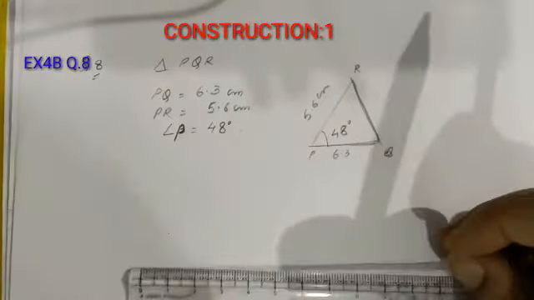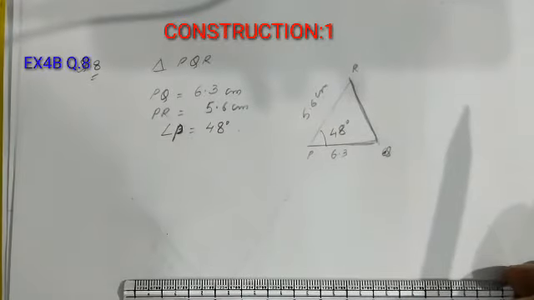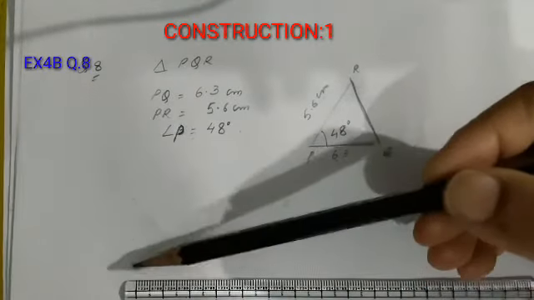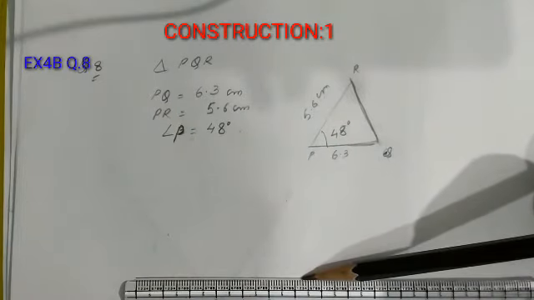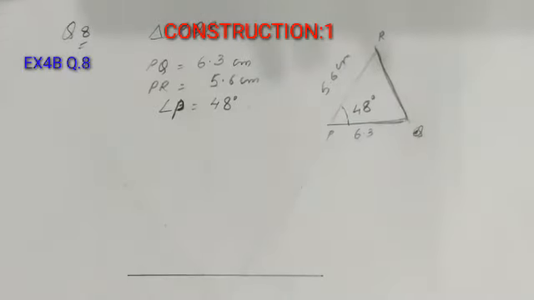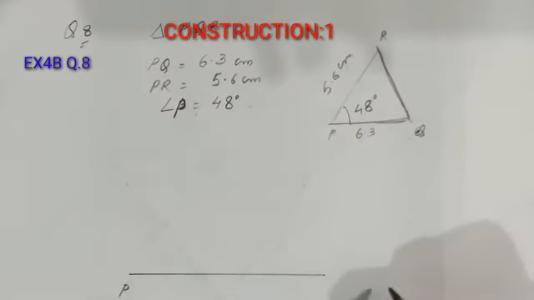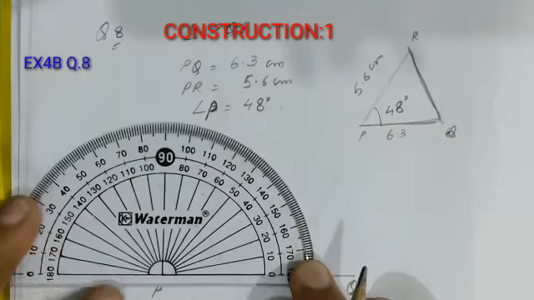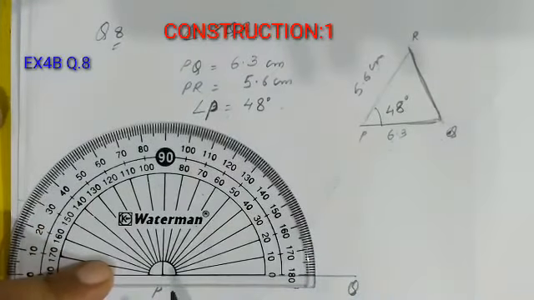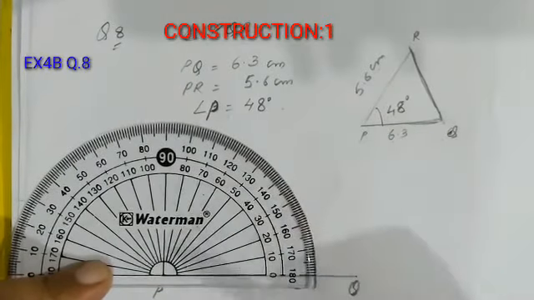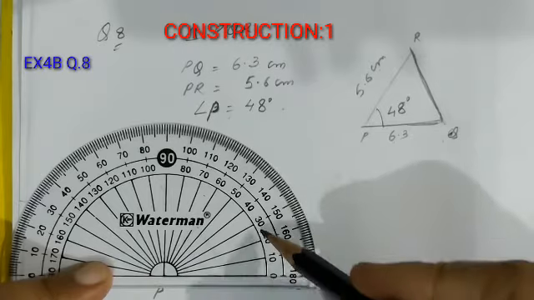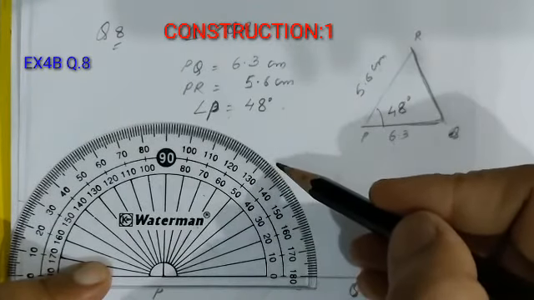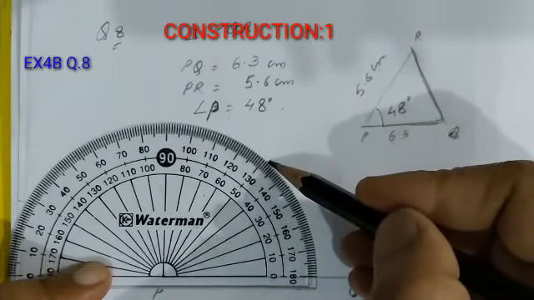Let's proceed to step 1. Draw a line segment PQ of 6.3 centimeter. Step 2. Let's make angle P of 48 degree. We'll use which scale? 0 is this side, so we'll use inner scale and reach to the 45, 46, 47, 48 degree.